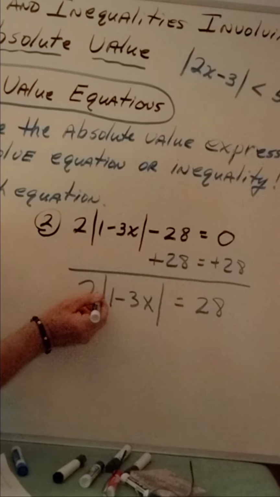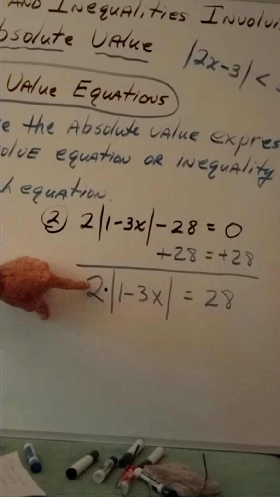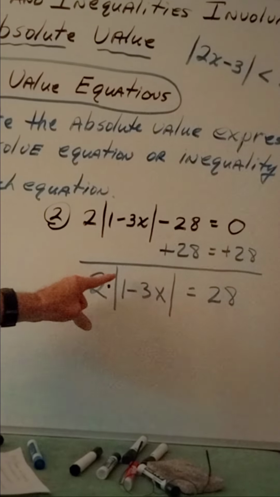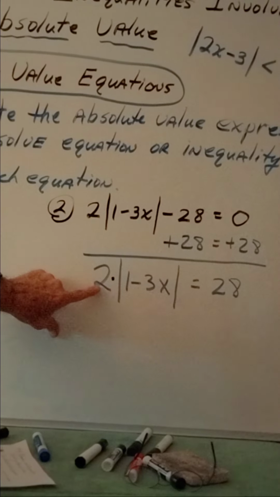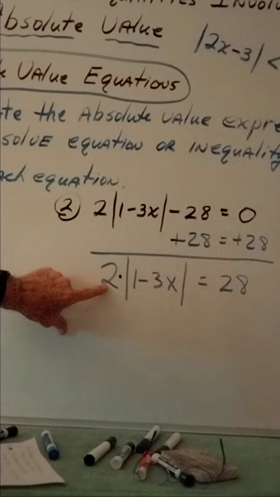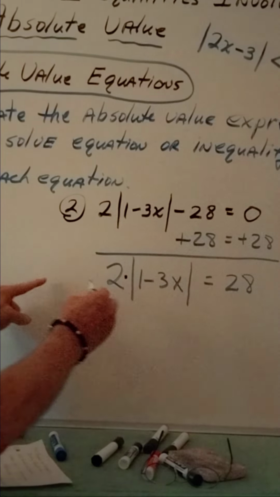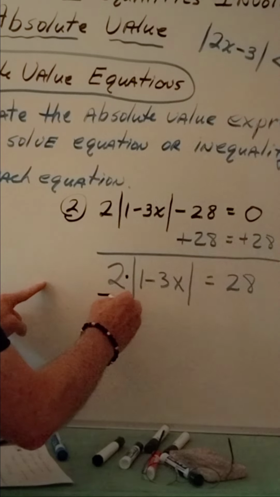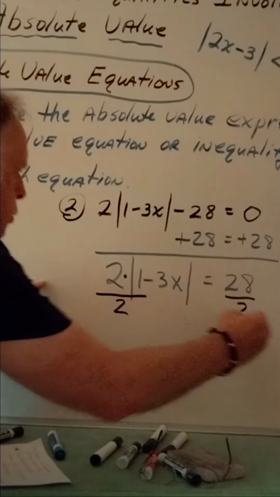Make no mistake about it, there's a times sign there. So that means this 2 is a factor, and that absolute value expression is a factor right now. We get rid of that 2 by dividing this side by 2 and that side as well. Over 2 and over 2.